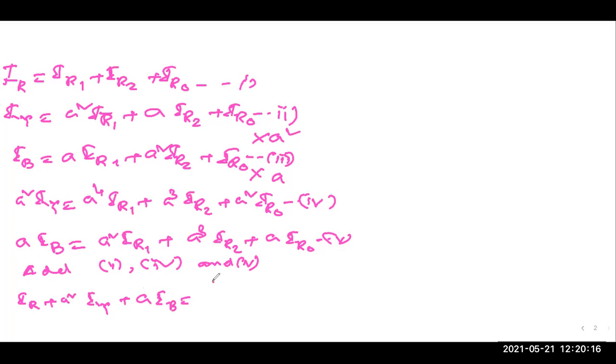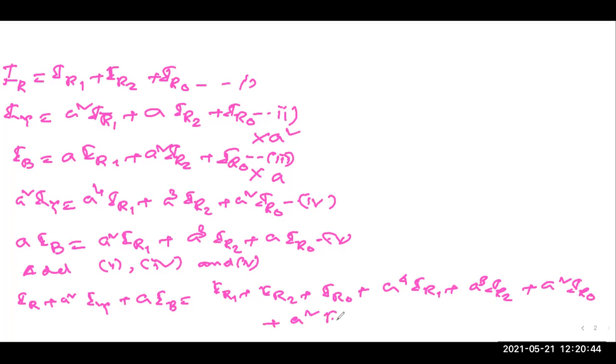So this will be IR1 plus IR2 plus IR0, plus A to the power 4 IR1 plus A cube IR2 plus A square IR0, plus A square IR1 plus A cube IR2 plus A IR0. Now we go to this side.